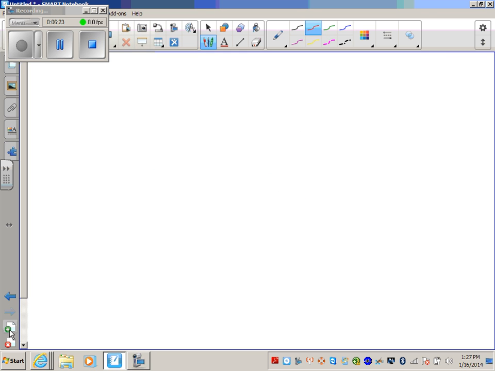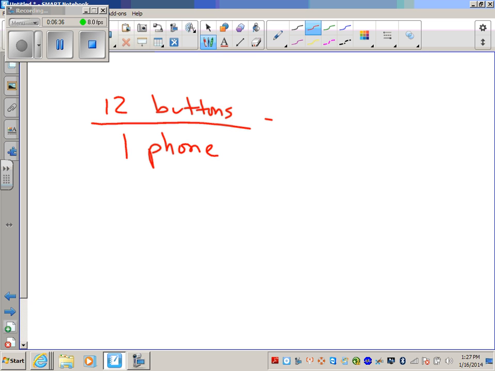Seven? 12 buttons for what? How many phones? No, per phone. So they might not use the number 1, but if they say 12 buttons per phone, they mean 1 phone. And then it says, find the number of buttons on 15 phones.